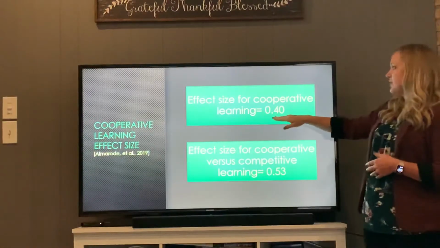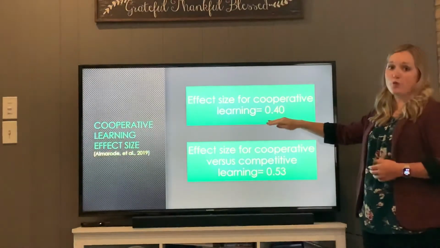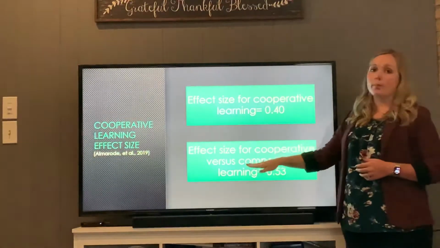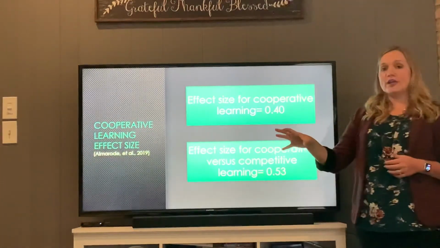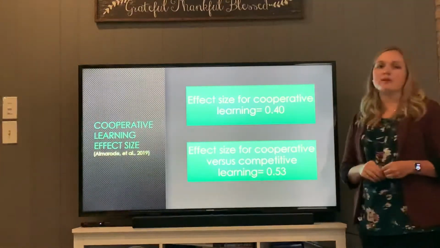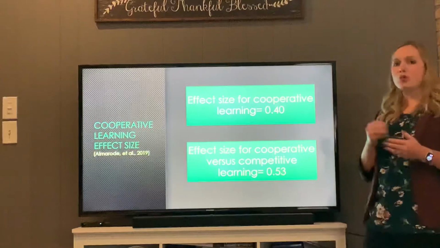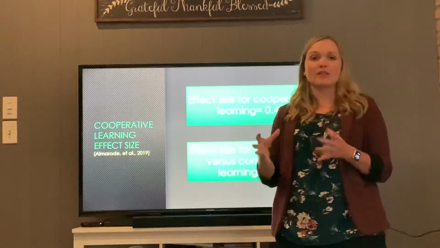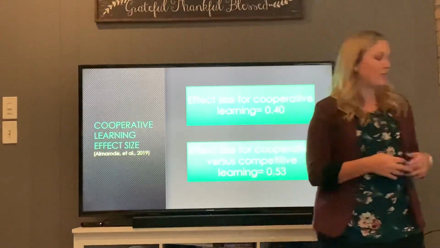Cooperative learning has an effect size of 0.4, which is exactly where we want it. When you compare it to competitive learning, so learning in groups as teams rather than learning individually, it has an effect size of 0.53. So learning about cooperative learning methods is really important because it can be utilized in the classroom to promote visible learning.